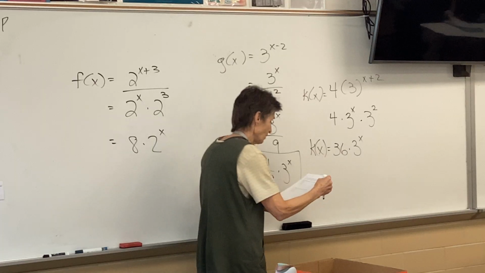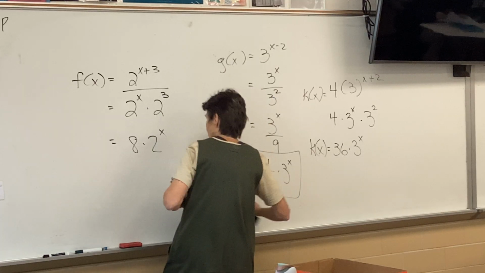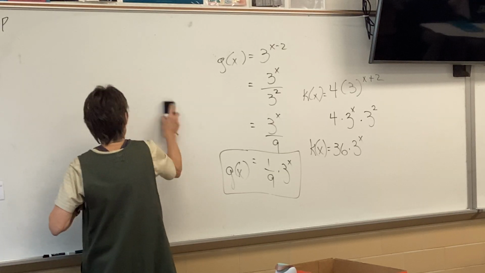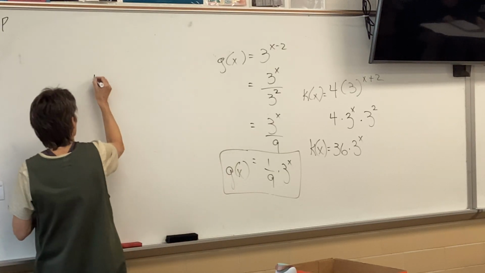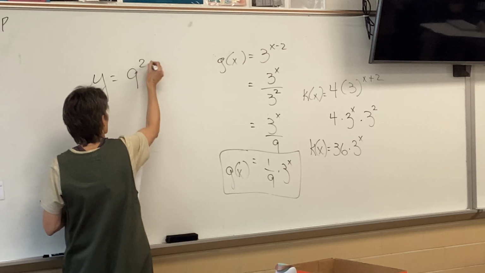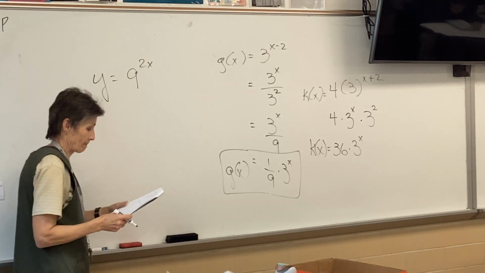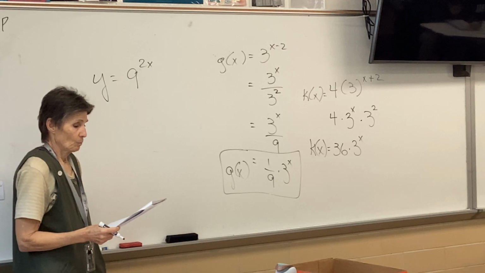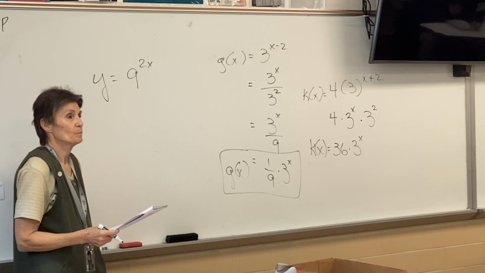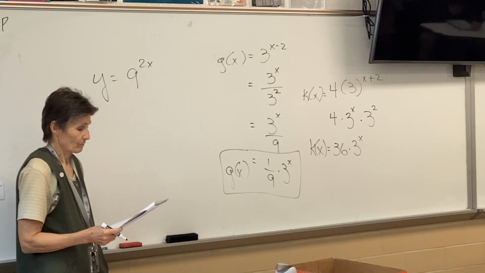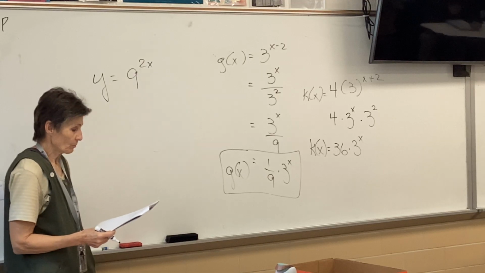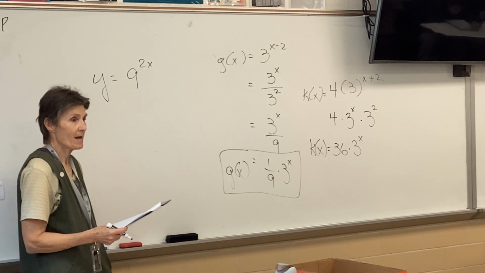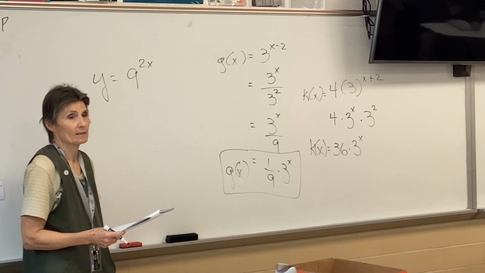Example 3. Which of the following functions is equivalent to 9 to the 2x? What do you think? A, B, C, D. Do any of those match 9 to the 2x?